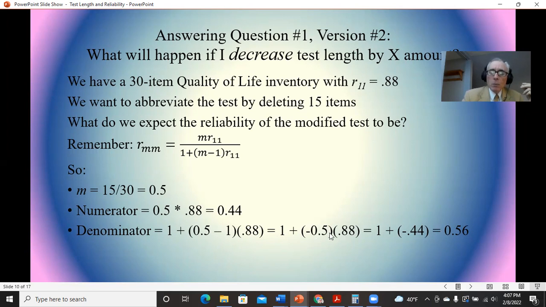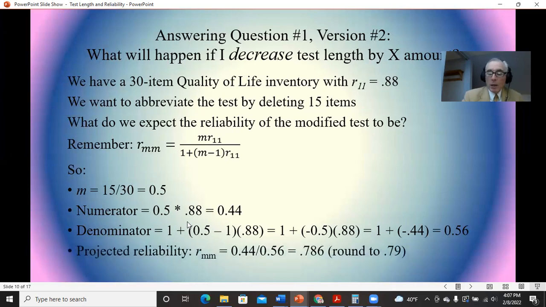And then when you multiply that times the 0.88, you get a negative 0.44. And as you should recall, when you add a negative number to something, it's the same as subtracting. So 1 plus negative 0.44 is the same as 1 minus 0.44, which means we end up with 0.56.